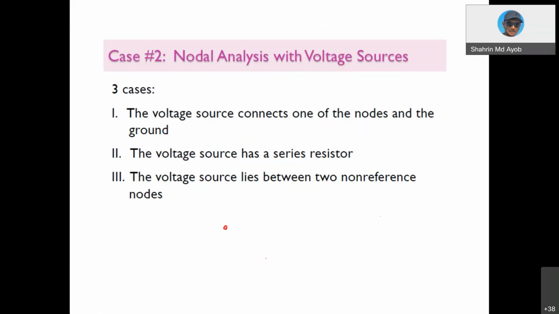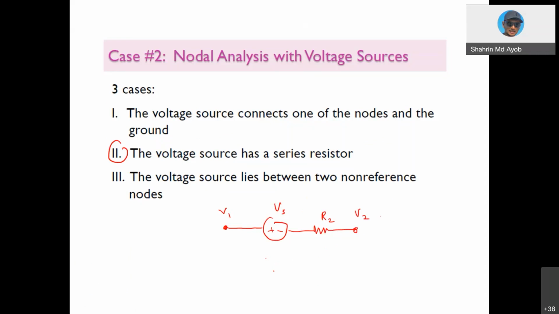For example, you have a node here, and a voltage source, and they connect with a resistor. This one is your V1, this one is your V2, this one is your R2, and this is the voltage source. So this is the second case. How do you deal with this type of connection?